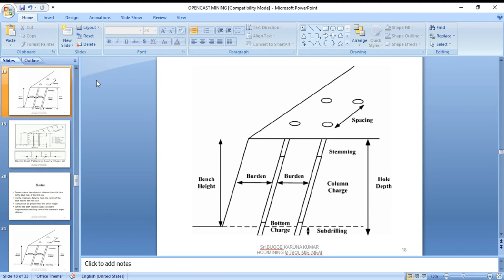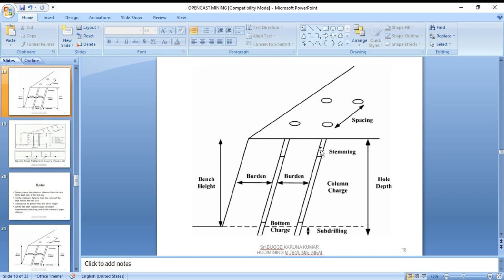So spacing. Similarly, another typical picture is showing here. This is the spacing, the hole to hole, and these are the burdens from the free face to the burdens.